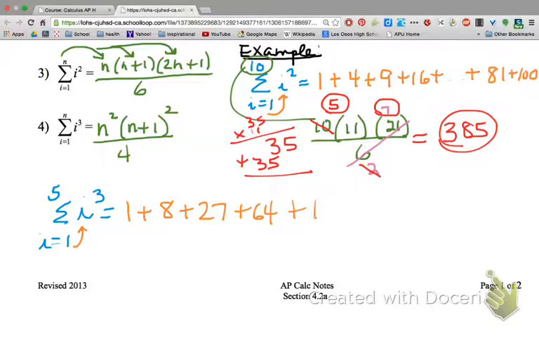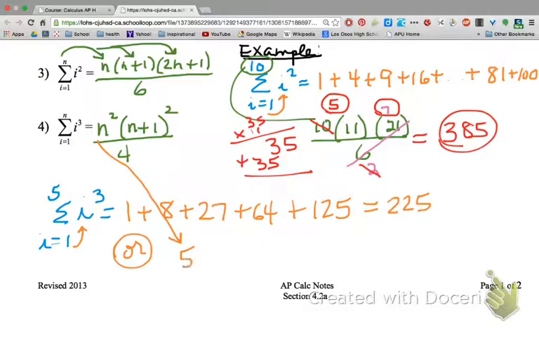And then 5 cubed. And of course, I could do that the old-fashioned way, just add it up. Or I use the shortcut, so n squared would be 5 squared. And then the next number, so 5 plus 1 would be 6 squared, all over 4.